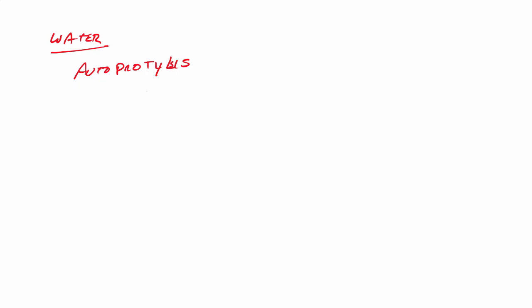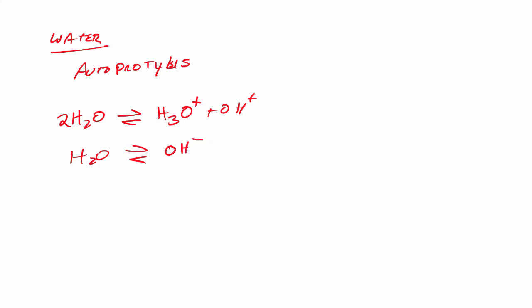That means two H2O will react, and it goes back and forth to form H3O+ and OH-, or the simple way we draw this is H2O goes to OH- and H+. It doesn't matter how you write these. So water automatically becomes an acid or a base. It does both. This is one of the unique things about water.